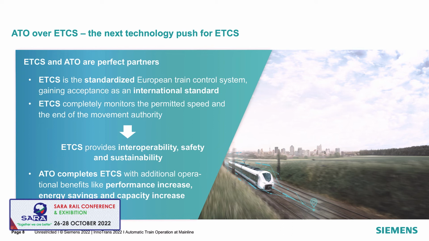By the way, ETCS is a standard, as I said, so the interoperability is given. That means all that was discussed in the morning, a seamless train run from country to country, will be supported by ETCS. Even the special rules of the different countries will be much easier under ETCS because you have a new rule catalog under ETCS.